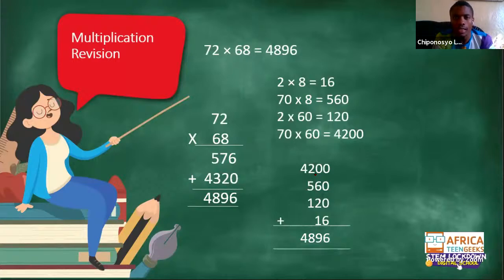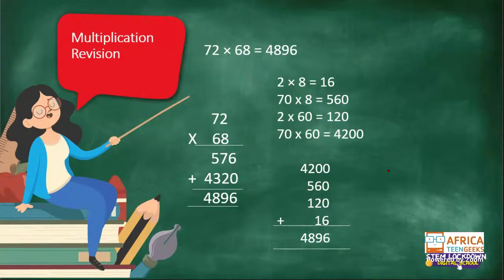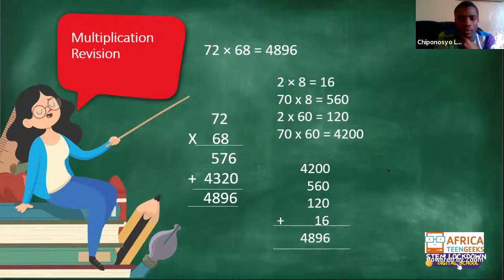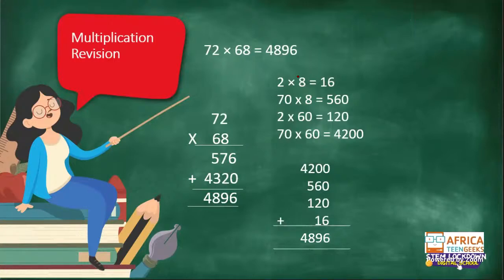Who got it right? All right, I've got one person. Hello. How are you? Can you be very quick, because you have 1 minute. So I said 72 times 68 equals 4,896. Then I said 4,896 divided by 68 gives me 72.